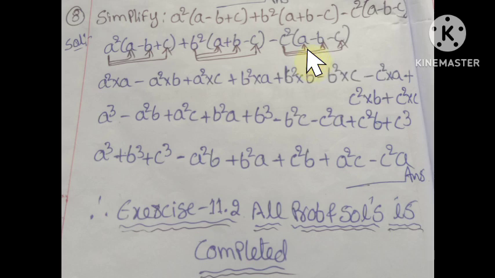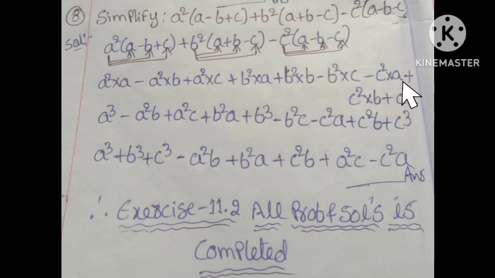So a square into a, minus a square into the second term b, so a square b, plus a square into the third term c, so a square c. Plus b square into a, plus b square into b, minus plus into minus minus, so b square c.